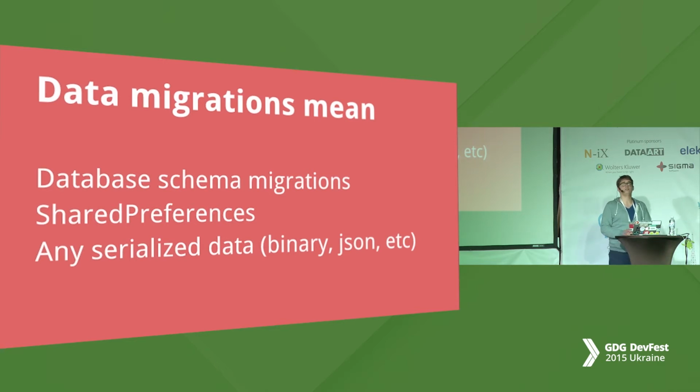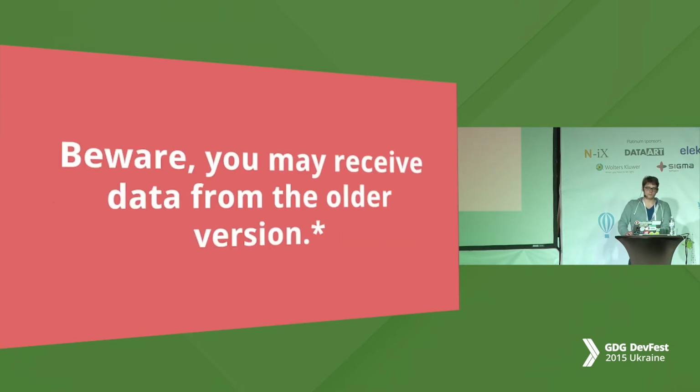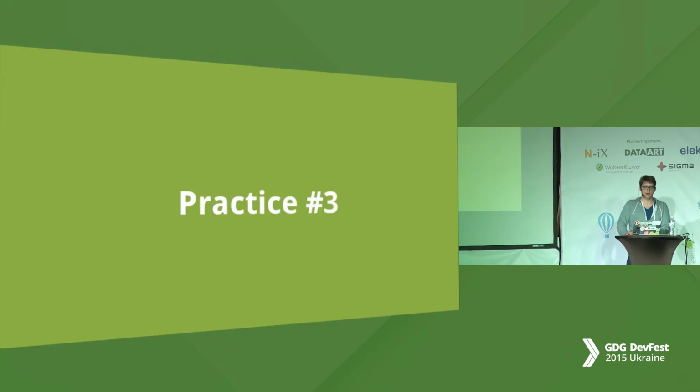For example, if you serialize some settings POJO to JSON and then store it inside of the shared preferences or just a plain file in your file system, you need to take care of the migrations, because it's not said that the data you'll receive from the auto backup will match the exact version of the application that is actually installed on the device.